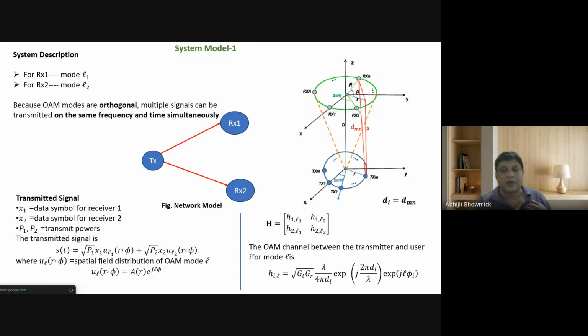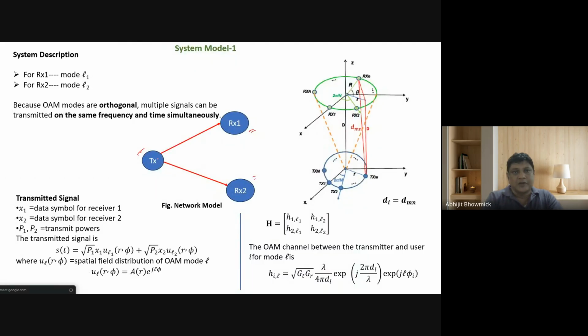Now I'll take the first system model, where you can see there is a transmitter and a two-receiver system.